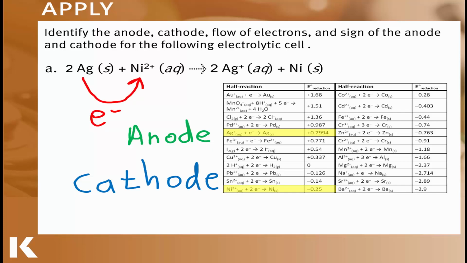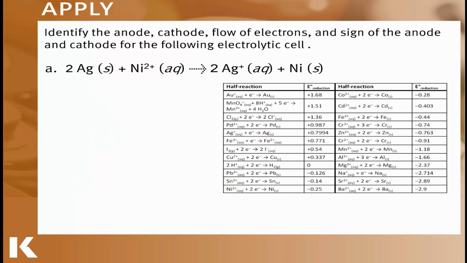In terms of the flow of electrons then, remember that electrons always flow from anode to cathode, because cathode is where the reduction happens. That's the red cat. And furthermore, for an electrolytic cell, the anode is positive and the cathode is negative.